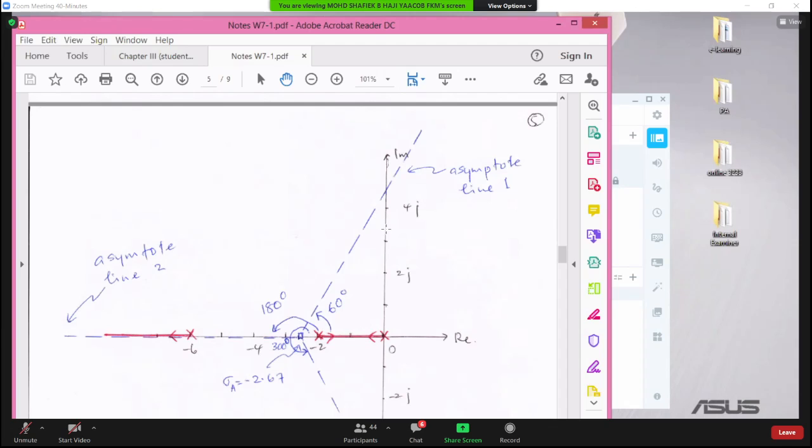We can use that information to compute the point where our locus is going to cross the imaginary axis. So we are going to use the Routh table to determine the point of intersection with the imaginary axis, because we know that on the imaginary axis, our system is going to become marginally stable. So let us go to step 9.